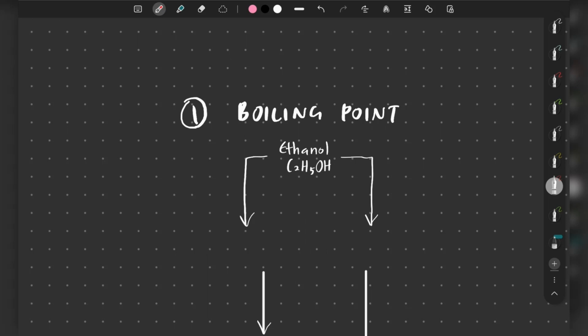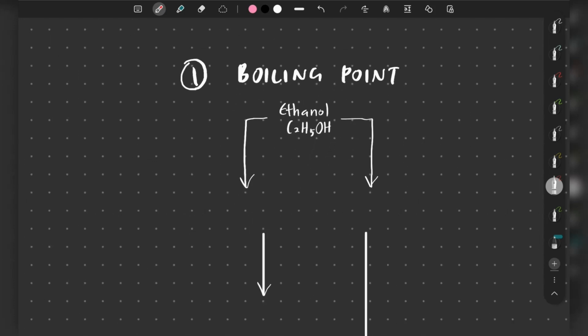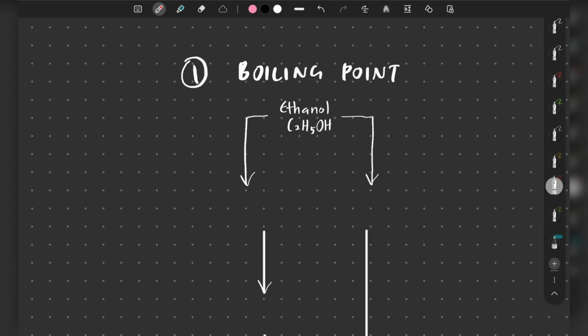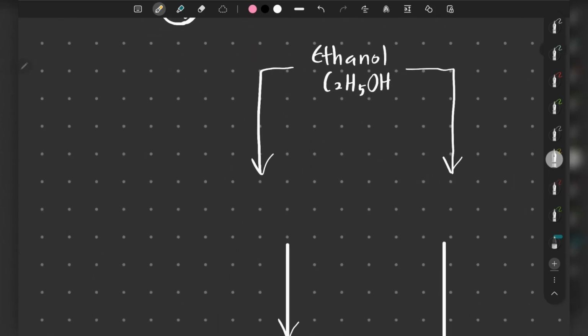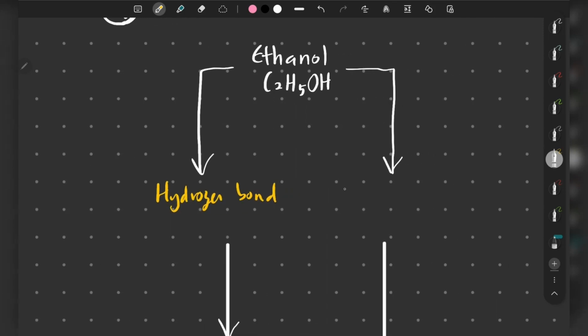We have ethanol here, the substance that I will be using as our example. For ethanol, there are two types of attraction force. The first one is hydrogen bond, and the second one is the van der Waals force.